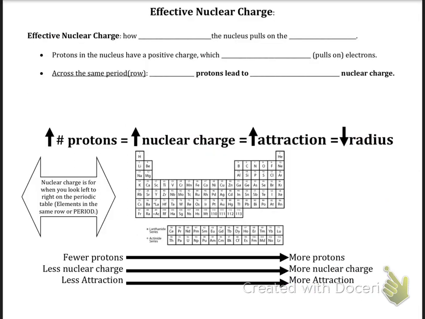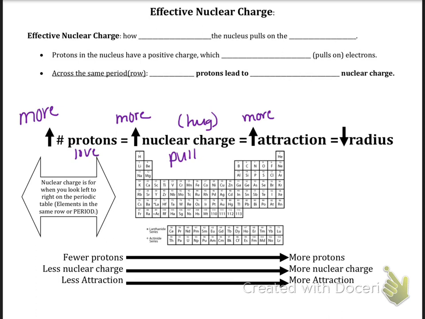So now let's summarize that idea. Once again, the more protons we have, think about this as the love, the more nuclear charge we have. And this is the pull. Think of this as a hug. If you love somebody very much and you're giving them a really nice hug, that means you have more attraction. You love them very, very much.